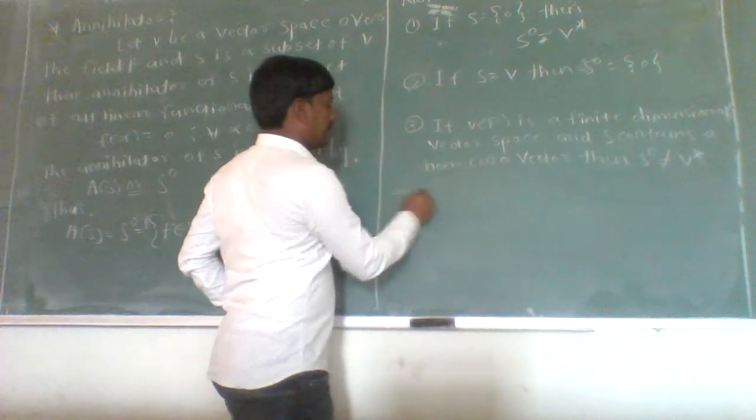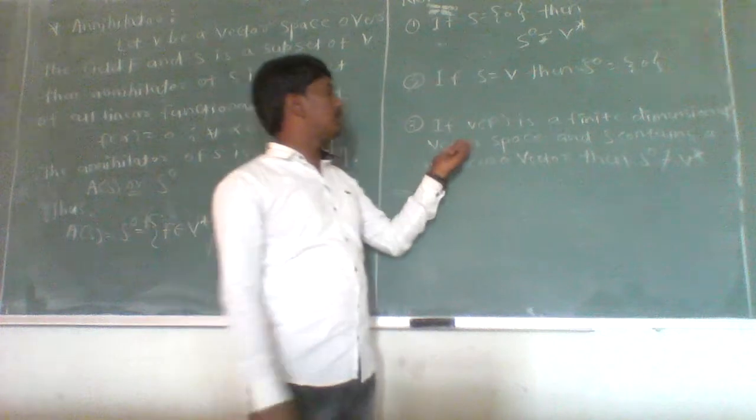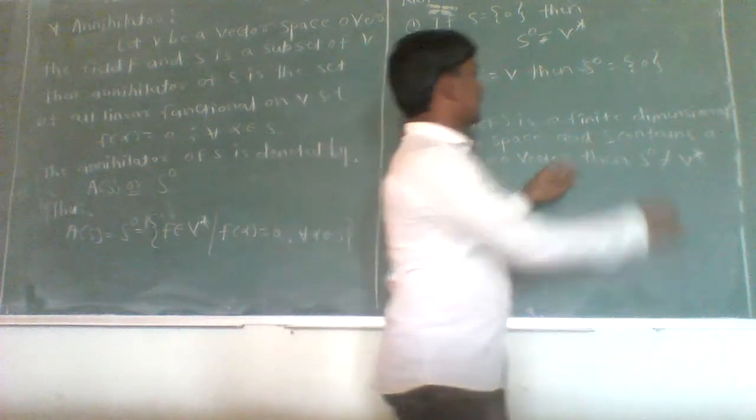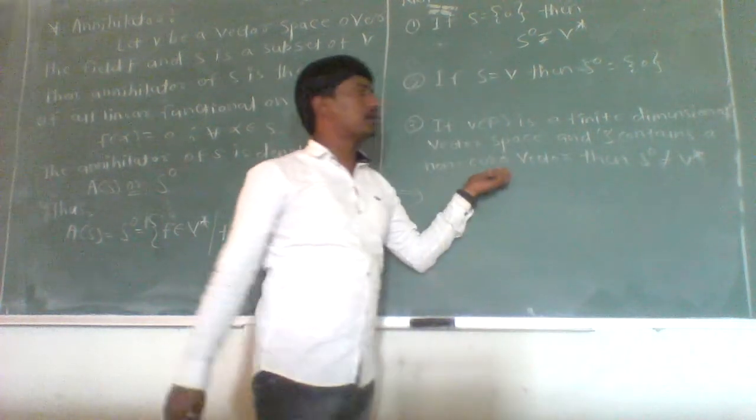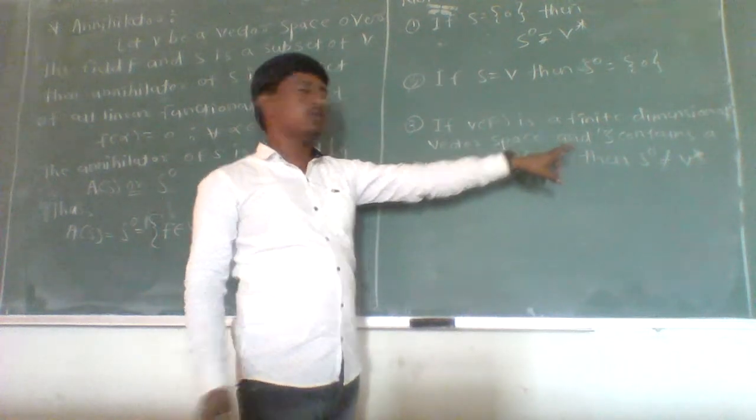Here we have to prove that if V over F is a finite dimensional vector space and a set S contains one non-zero vector, then the annihilator of S is not equal to V star.